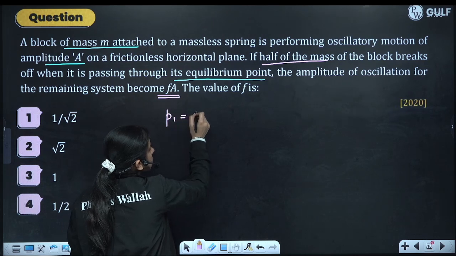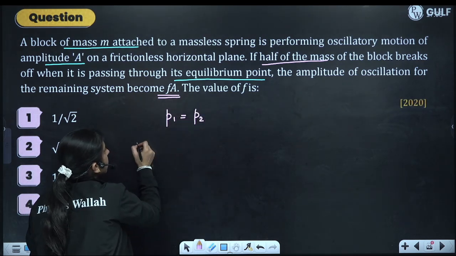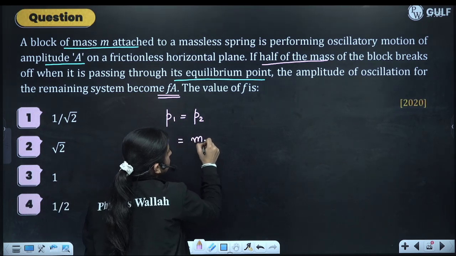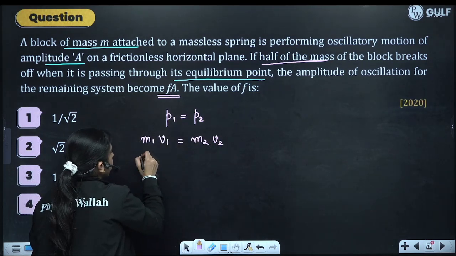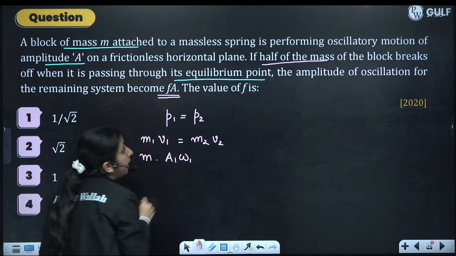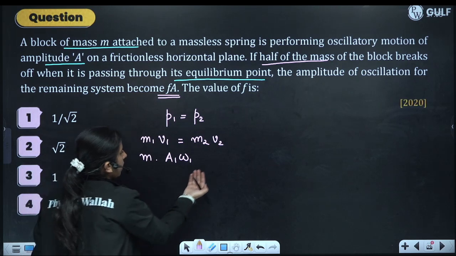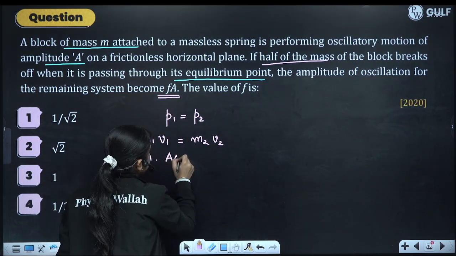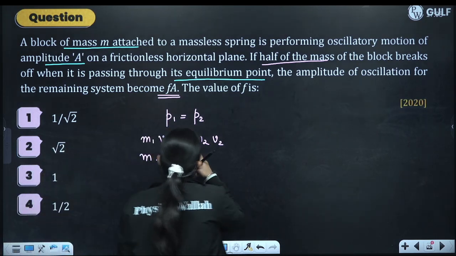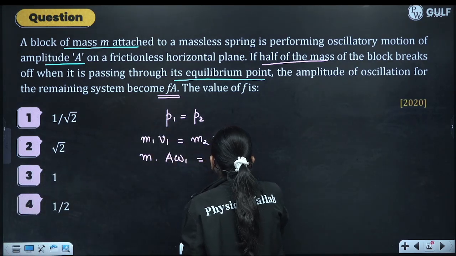Momentum will be conserved, no external force. Initial momentum m1 v1 is equal to m2 v2. m1 is m, v1 will be A1 into omega 1, amplitude into omega 1, the initial angular frequency. Now m2 is m by 2.